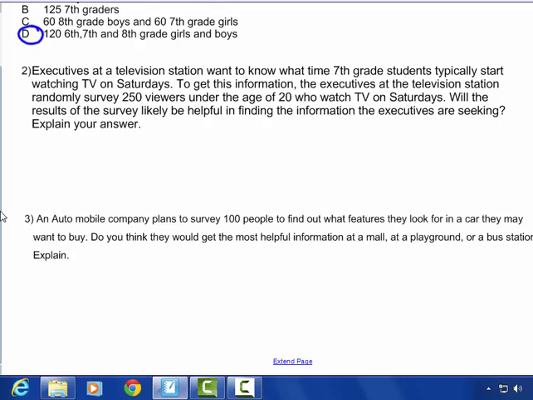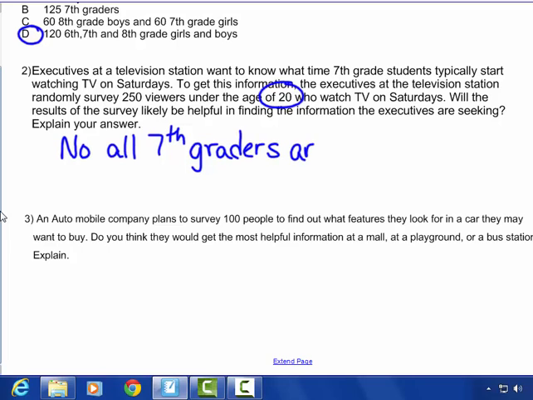So if you just randomly ask people in this survey, will this be helpful? No, because they want to know 7th graders, and all 7th graders aren't people under the age of 20, because you could get an 18-year-old. Well, that's not a 7th grader.